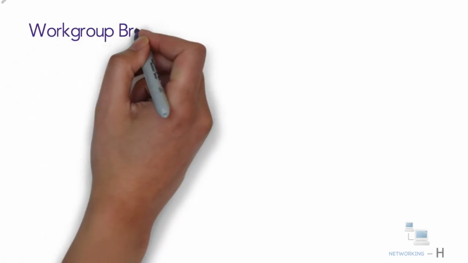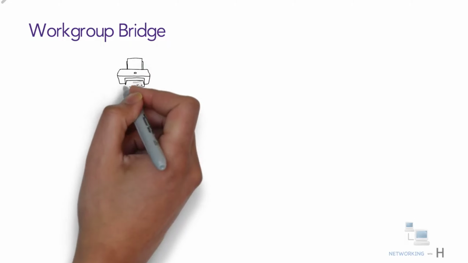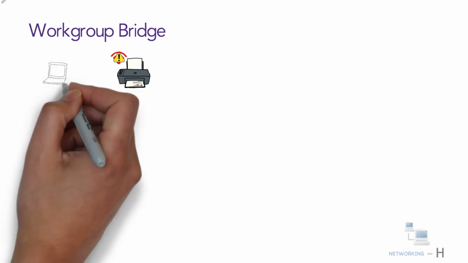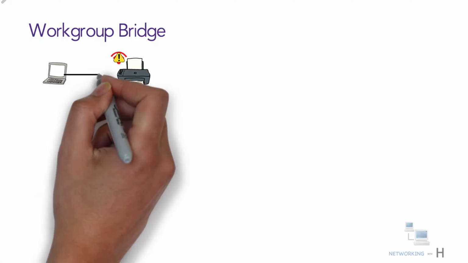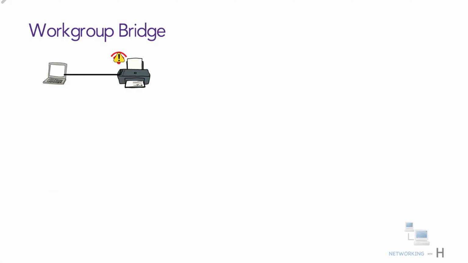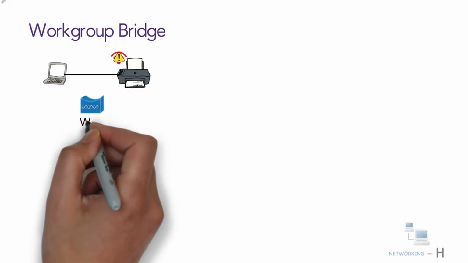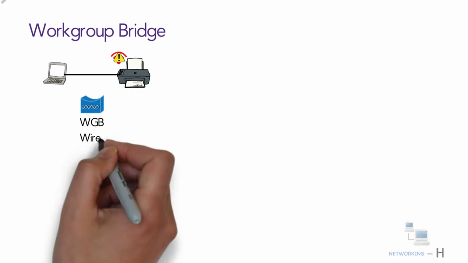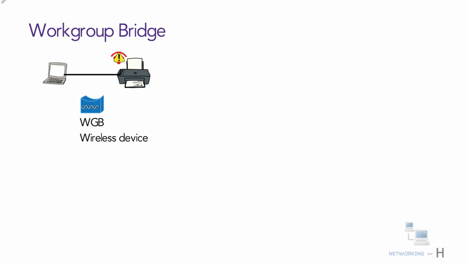Another type of device we have is workgroup bridge. Let's suppose you have a device that does not have a wireless capability and is capable of only offering a wired Ethernet link. This is where the workgroup bridge comes into the picture. A workgroup bridge is a wireless device that provides wireless connectivity for wired infrastructure devices that do not have radio cards.